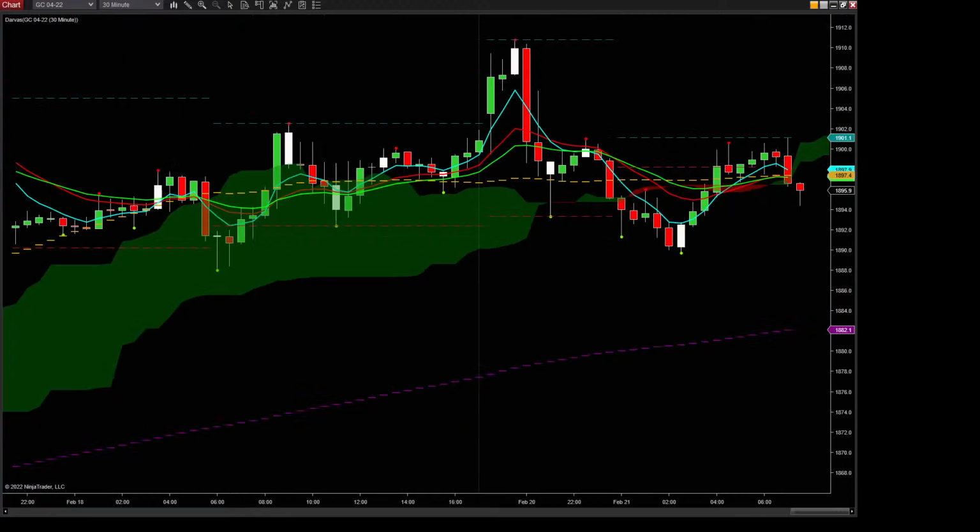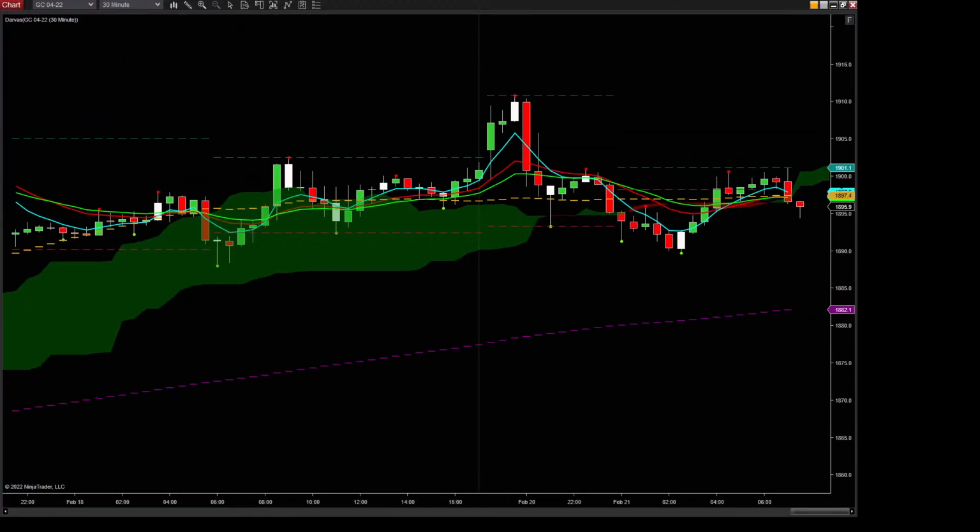30 minutes. 30 minutes looks bearish. It broke this support in the moving averages and then moved down. We'll see if this one bounces above this resistance at 1901, and then keeps moving to the upside.